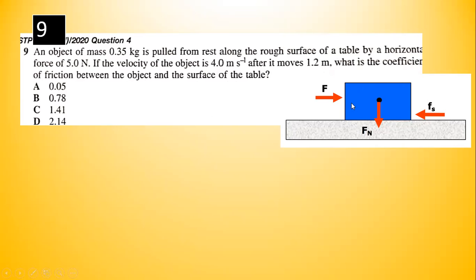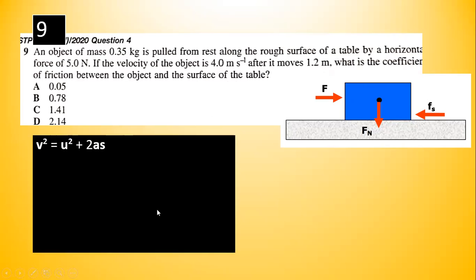So that's your table, that's your weight, that's your friction, that's your force. It's a rough table, means there's friction. So calculate your acceleration. You are given a distance, you are given the final velocity, and you are told you start from rest.